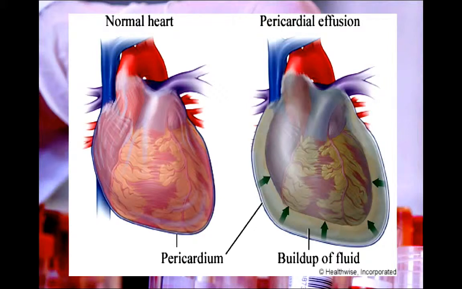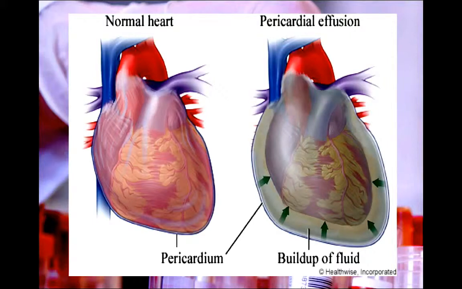Now, apart from the fluid itself, you can also have blood if you have trauma of the heart. And because the fluid increases in the pericardial space, you look at the difference between this heart over here and this heart over here, and you clearly see that with the buildup of fluid, the heart becomes compressed in the pericardial sac.